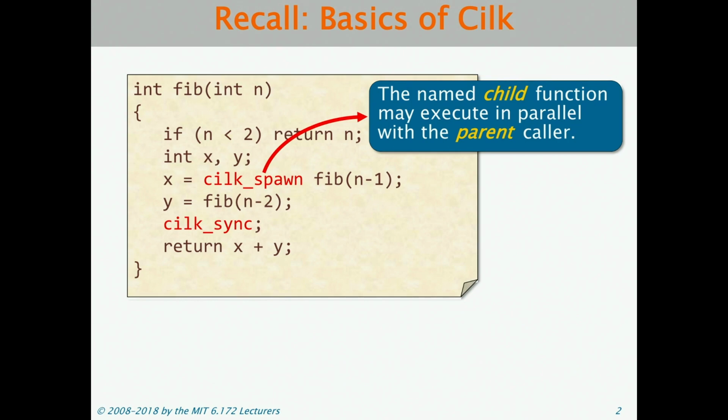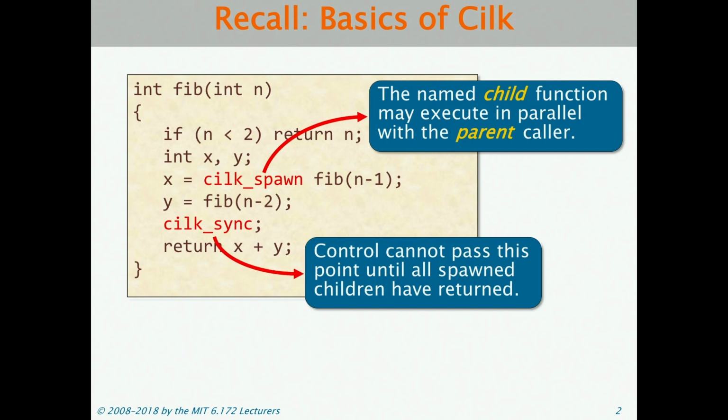So fib of n minus 1 can execute in parallel with the fib function that called it. And then Cilk sync says that control cannot pass this point until all of the spawned children have returned. So this is going to wait for fib of n minus 1 to finish before it goes on and returns the sum of x and y.